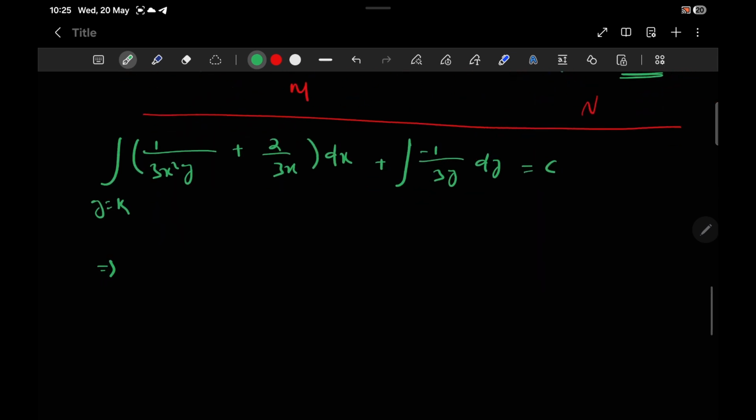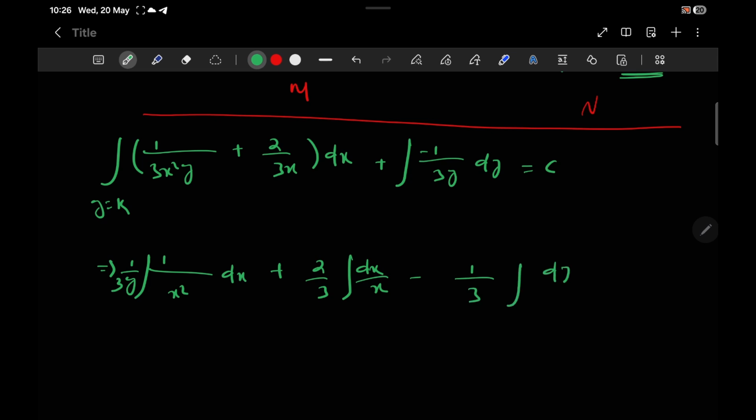If we solve this, that becomes 1/(3x²) dx. Here 1/y is outside because we treat y as a constant, and we can also take the 3 out here. So (1/(3y)) ∫dx/x² + (2/3)∫dx/x - (1/3)∫dy/y = c.